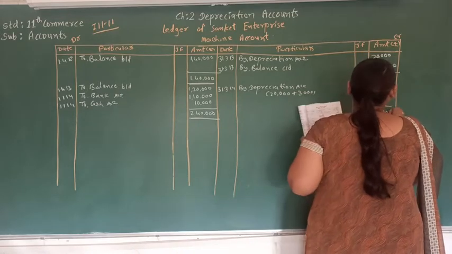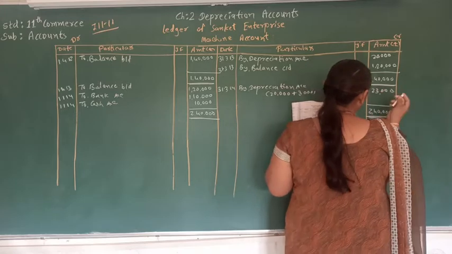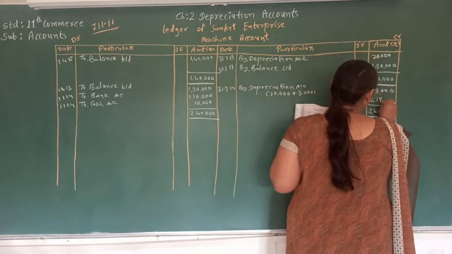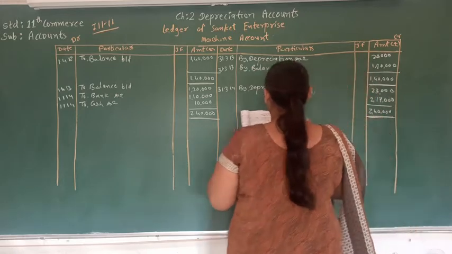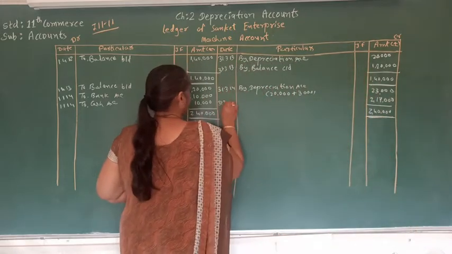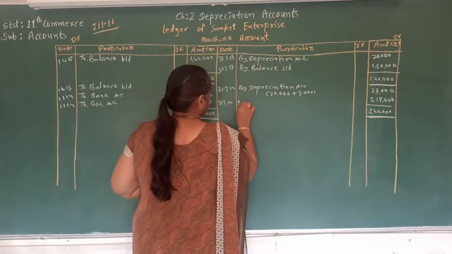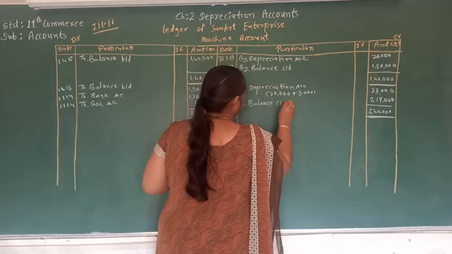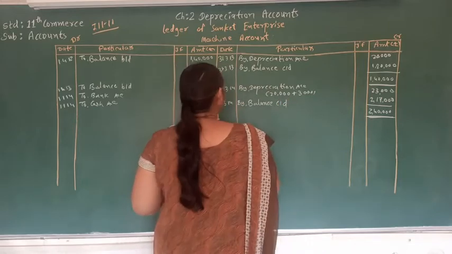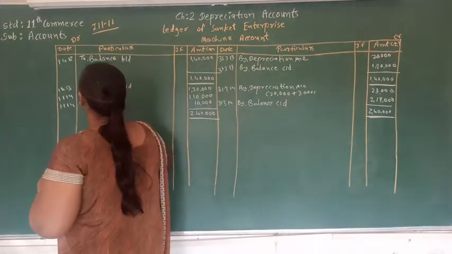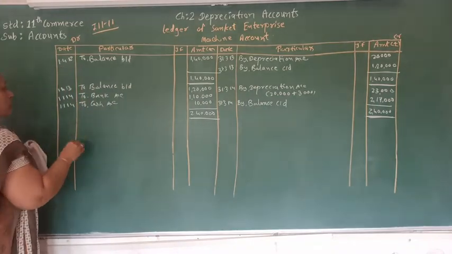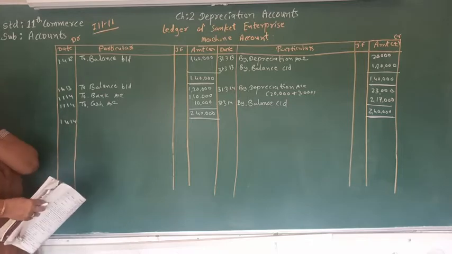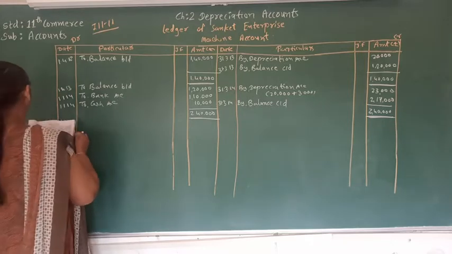If we deduct 23,000 from 2,40,000, the balance will be 2,17,000. So on 31/3/14 by balance carried down. This balance is going to continue to the next year, and next year on 1/4/14, the balance of the machine account will be 2,17,000.